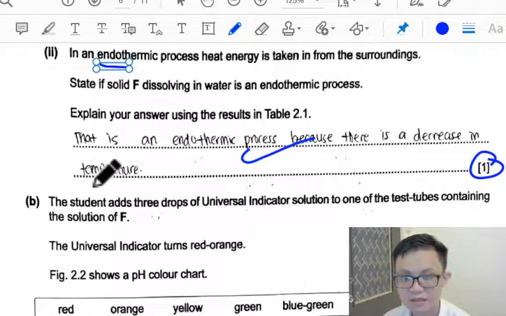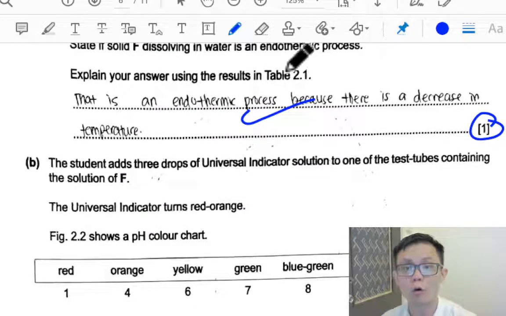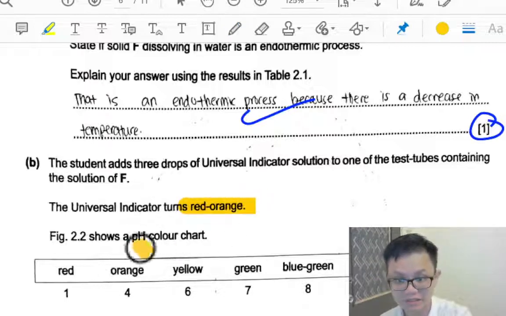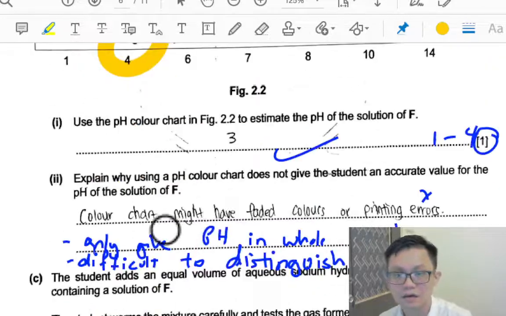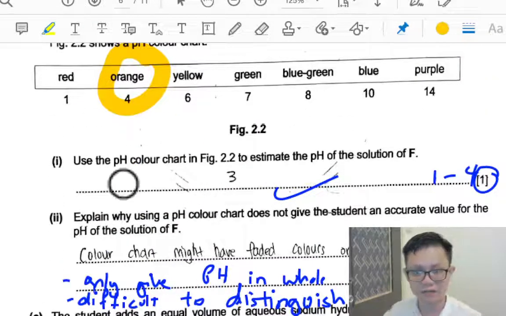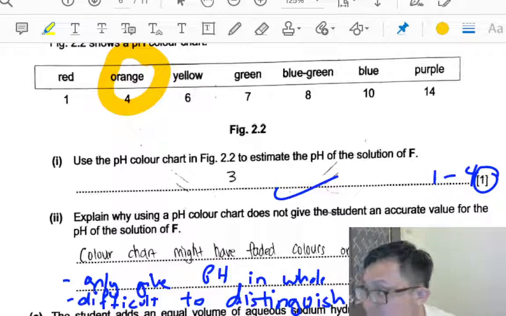The student adds 3 drops of universal indicator solution to one of the test tubes of P. The indicator turns orange red. Orange red is here. Use the pH chart to estimate the pH. So the answer will be around 1 to 4. So it's up to you. You want to write 2, 3, 4, so can.